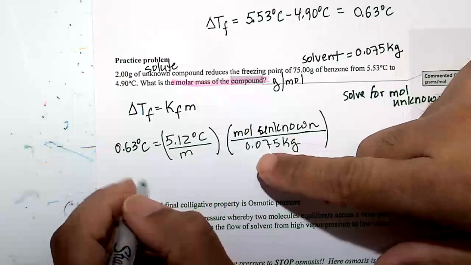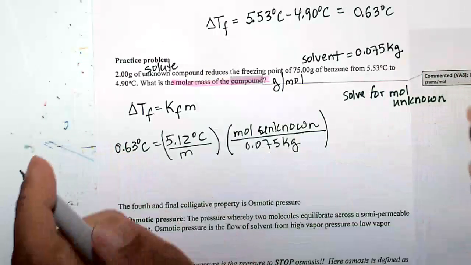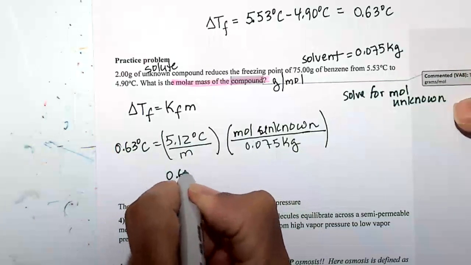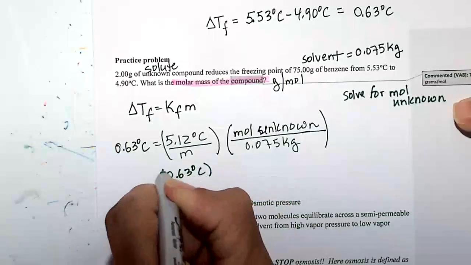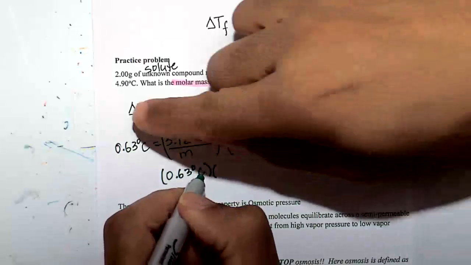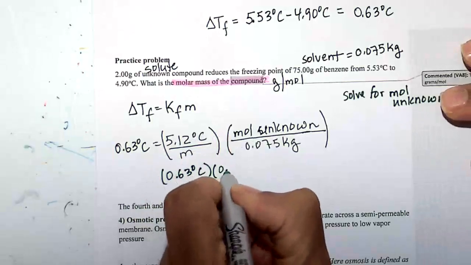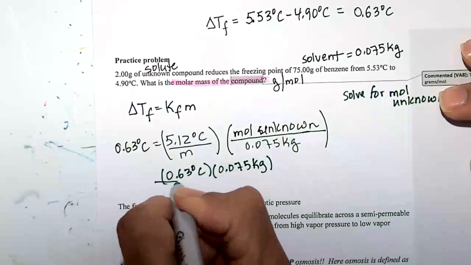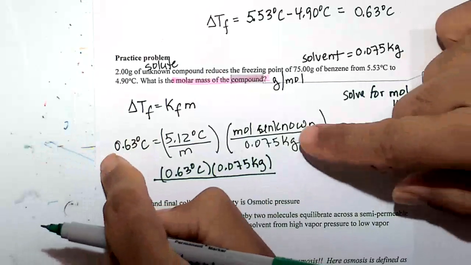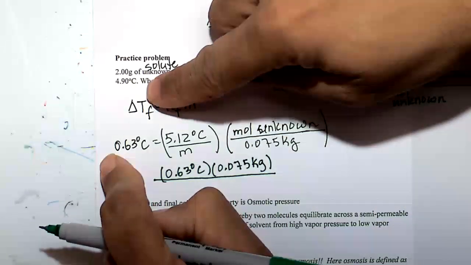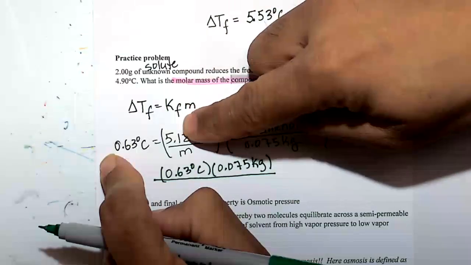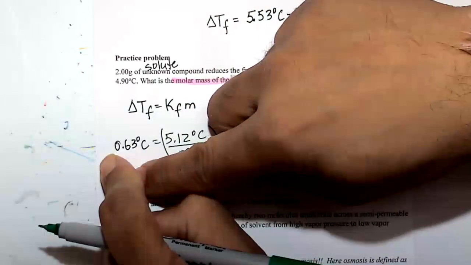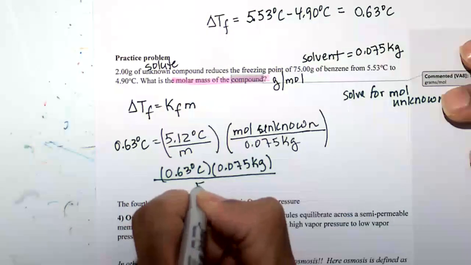We're going to take 0.63 degrees C times 0.075 kilograms. Okay, 0.63 times 0.075 divided by 5.12 degrees C.